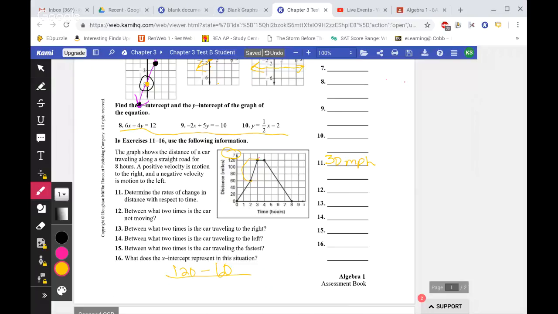Our change in y goes on the top. And we're going from 3 to 2. So 3 minus 2, and 120 minus 60 is 60, and 3 minus 2 is 1. So your second rate of change is 60 miles per hour.